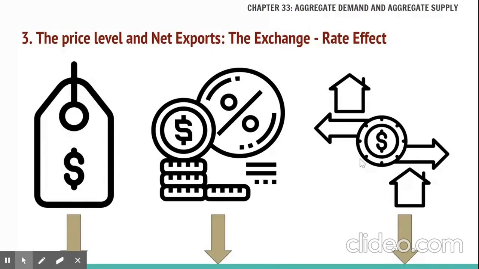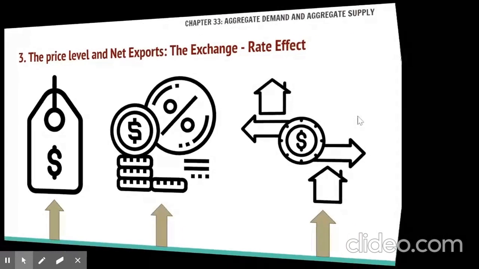This depreciation stimulates net exports and thereby increases the quantity of goods and services demanded. Conversely, when the price level rises and causes the interest rate to rise, the real value of the dollar increases, and this appreciation reduces net exports and the quantity of goods and services demanded.